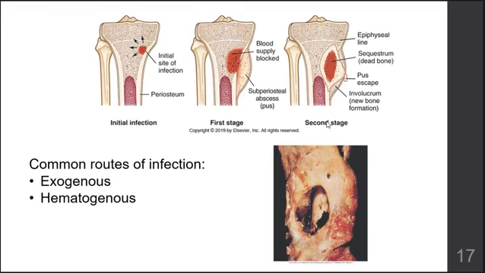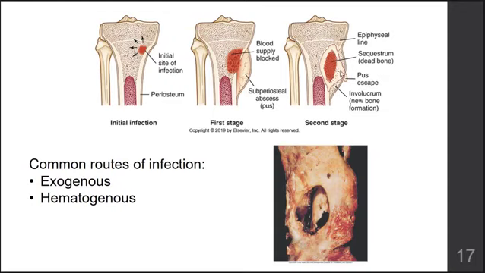And then this final image, which would be considered the second stage of osteomyelitis, there are a couple of things to note. One is that if this growth here continues to grow, it can impact the epiphyseal line or the growth plate, which is a problem in children. And what forms is dead bone. And the dead bone is called a sequestrum. And what you can see also happening is in this expanded area that formed initially during the first stage, new bone will be laid down, and that's called an involucrum.